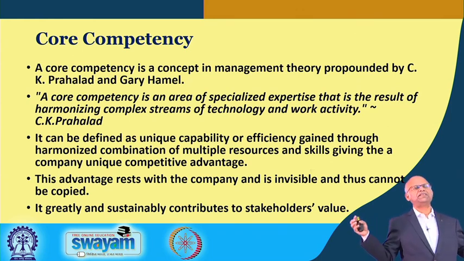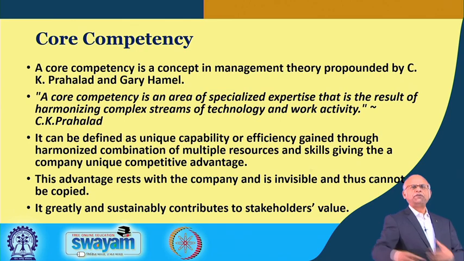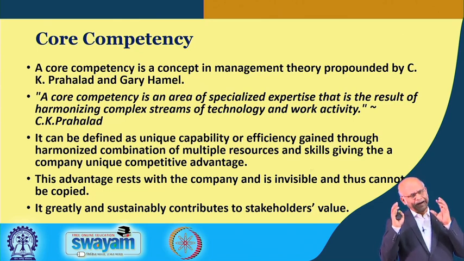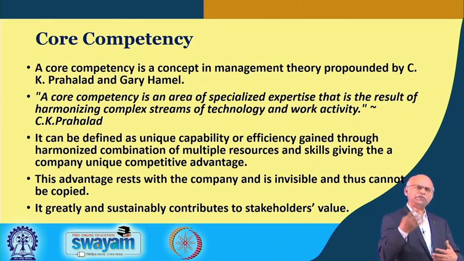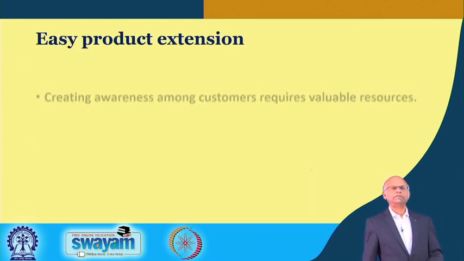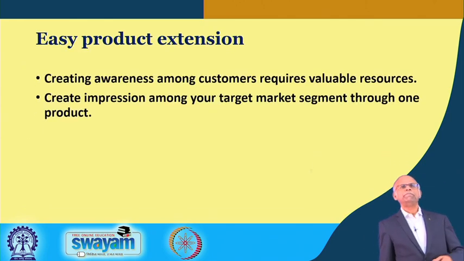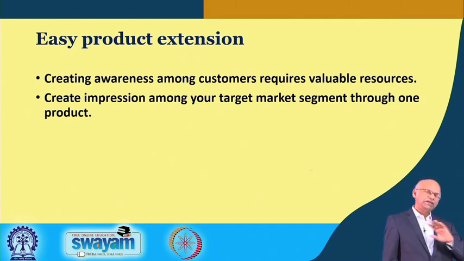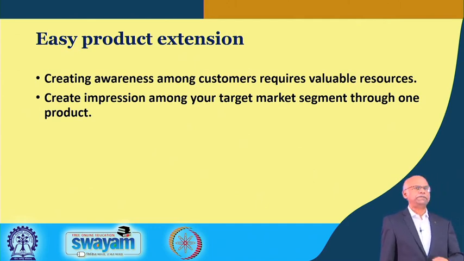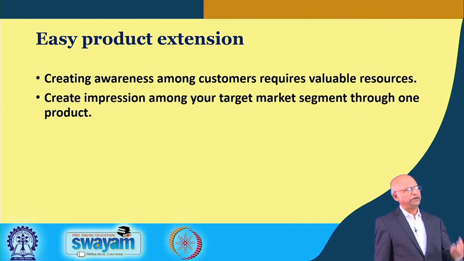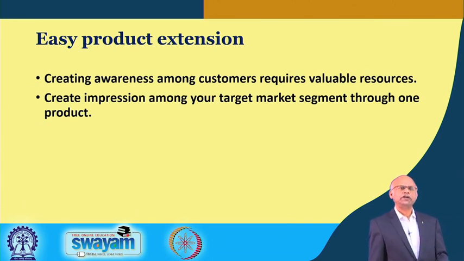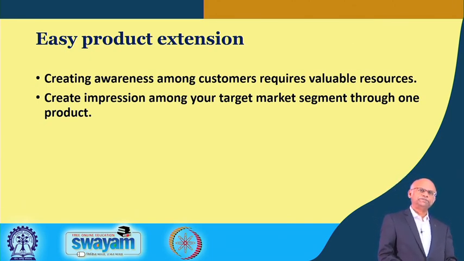It is not visible because it is a combination of so many things, and you do it not in a formula, there is no formula written somewhere. So, from outside no competitors will be able to understand what gave you these advantages, so they will not be able to copy. That is the succinct message of explanation about core competency, but it is huge and it is a wonderful thing to have. Any company having core competency always enjoys a good competitive advantage.